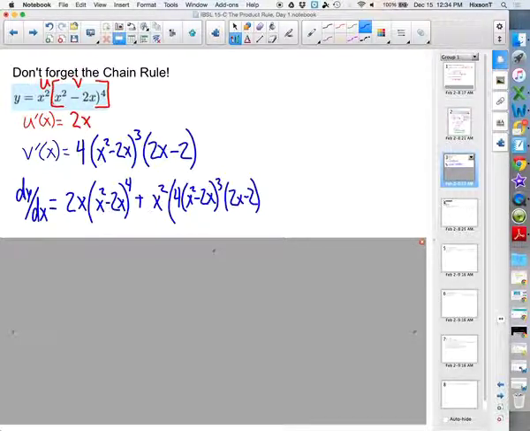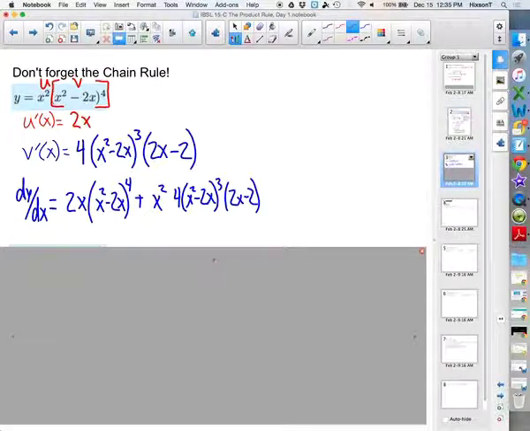Now, there's a reason why I haven't simplified anything yet. And that is, if you look closely, you'll see some common factors that make simplifying this one easier. There's a 2, there's an x, and here's a 2x, here's an x, there's a 2 in there.